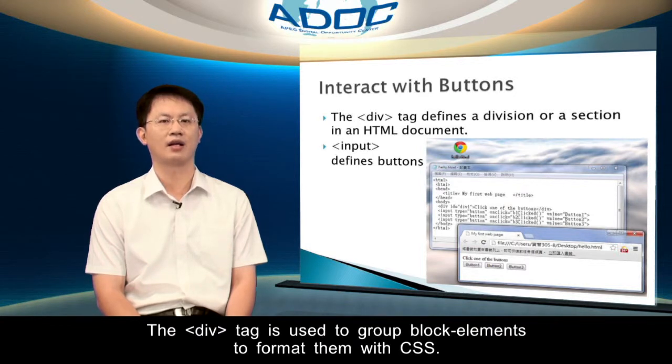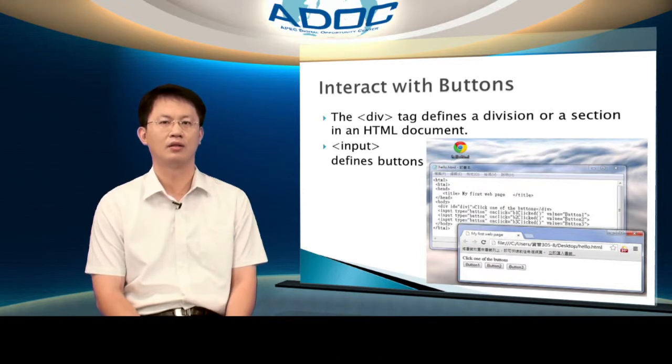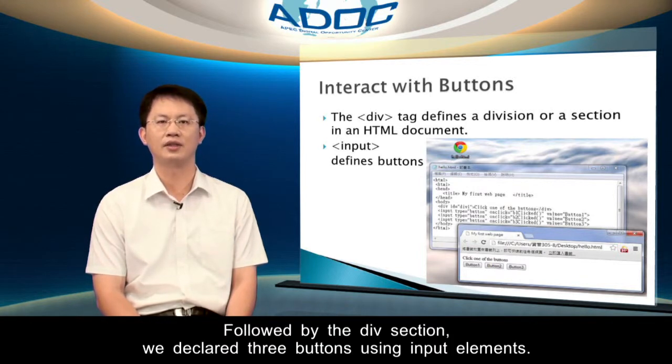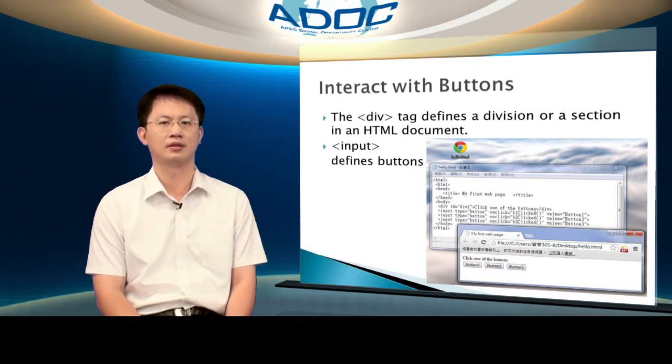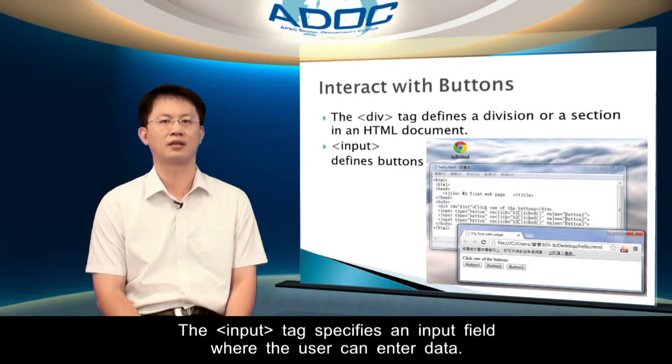The div tag is used to group block elements to format them with CSS. Following the div section, we declare 3 buttons using input elements. The input tag specifies an input field where the user can enter data.